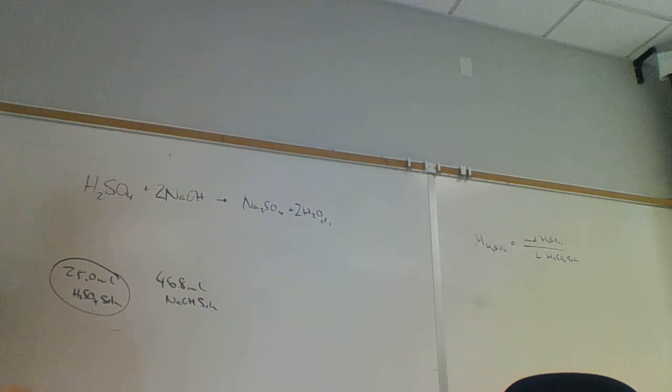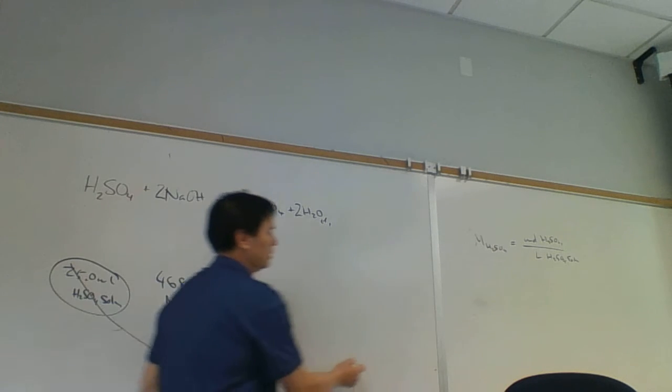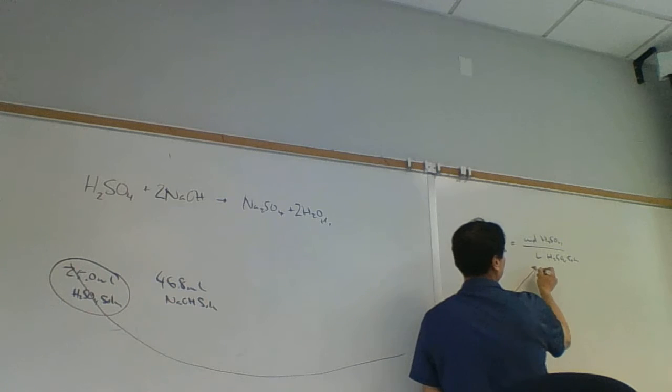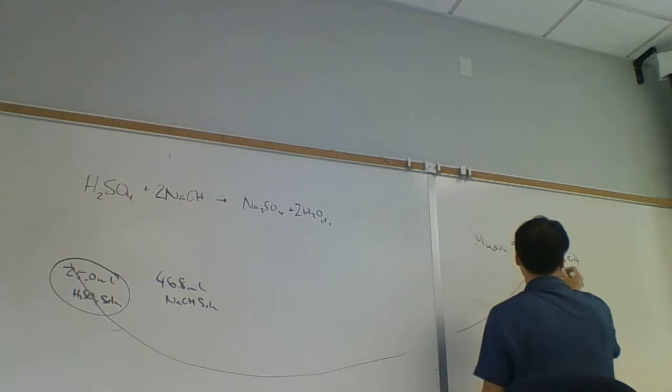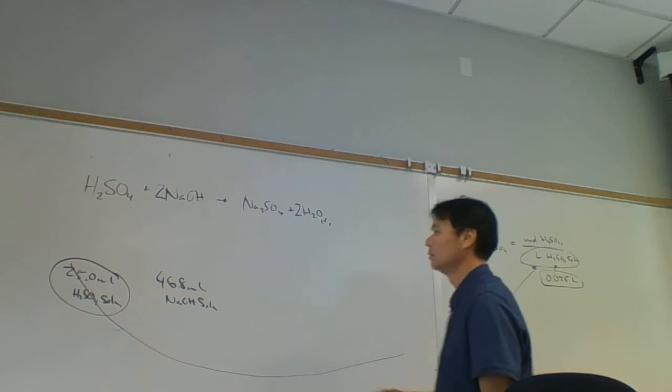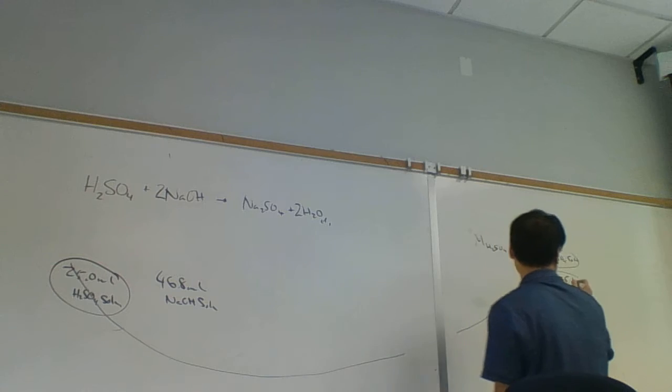We can't start from the sulfuric acid volume, because we don't know the molarity. In order to go from volume to moles, we need to know the molarity, but the molarity is what we're solving for. So this doesn't really belong here. This belongs over here, plugged in here. This is going to be 0.025 liters, just converted into liters. To go to 3 sig figs, we need one more zero.